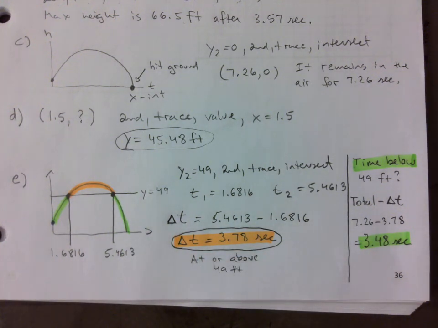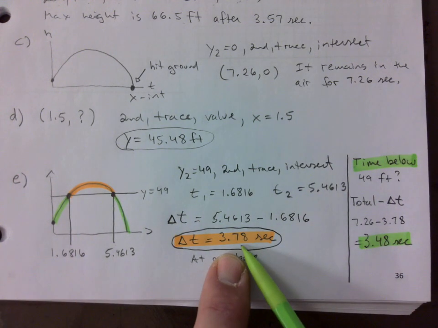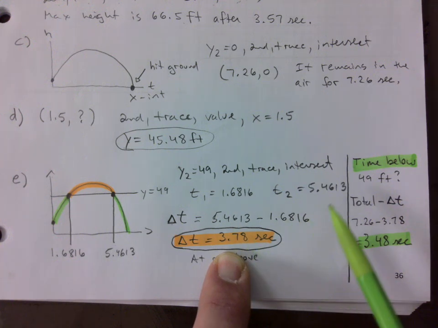So if I asked you for time below, the best thing to do is find the time above, subtract it from the total, and then you get the rest. I know this one is tricky right now, don't worry about it too much if it's causing you some headaches. If you understood the orange part when we got here, you're doing pretty good. This is a little later.